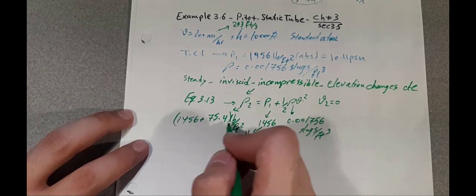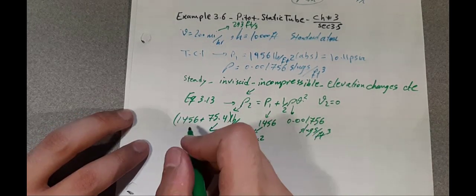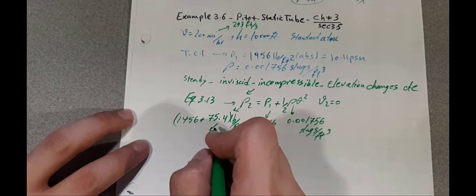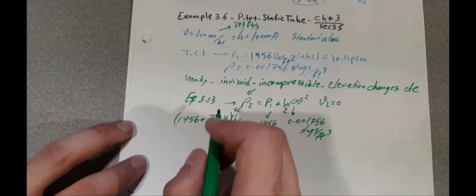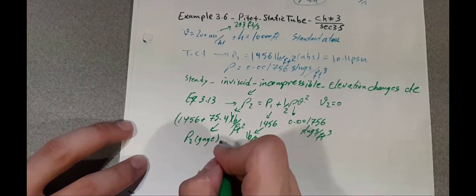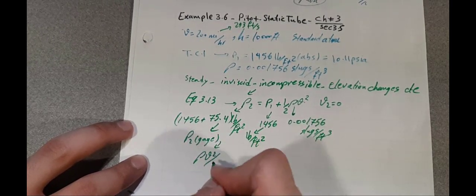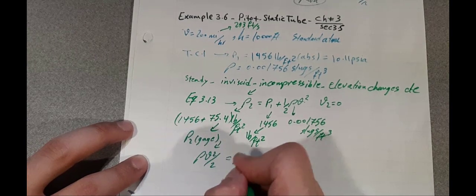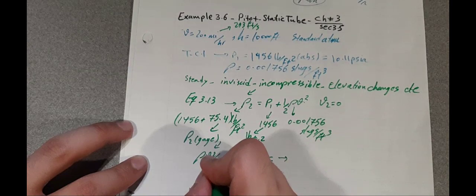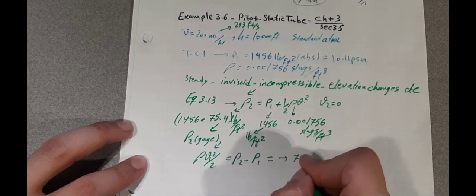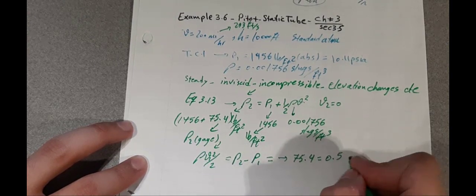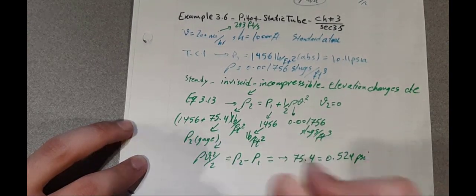The difference in here is the 75.4, which is the gauge pressure, P2 as gauge, which is rho V squared over 2, which is P2 minus P1. So the difference is also going to be 75.4, which is 0.524 psi.